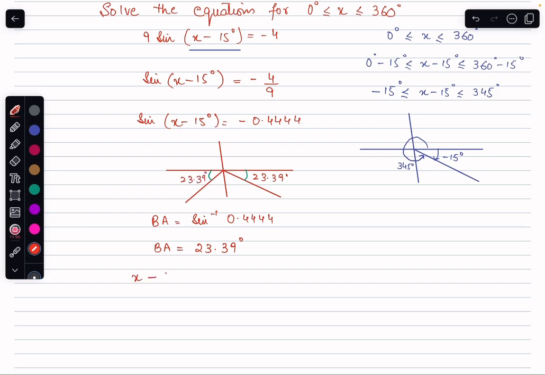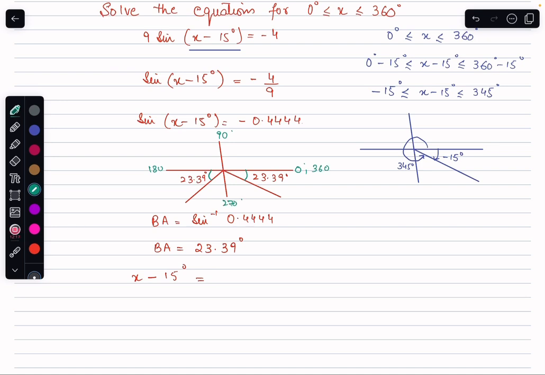Now I can say that sine of x minus 15 shall be equal to, obviously, if I have located the quadrant, then I know that the quadrant values are with respect to the axes, so that it is from 0, 90, 180, and then 360 and 270 here.